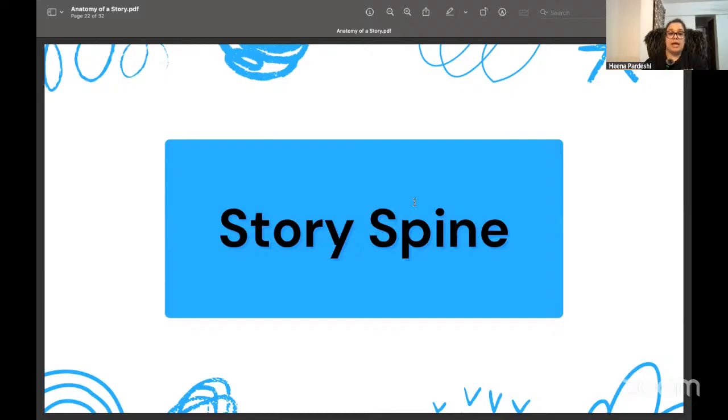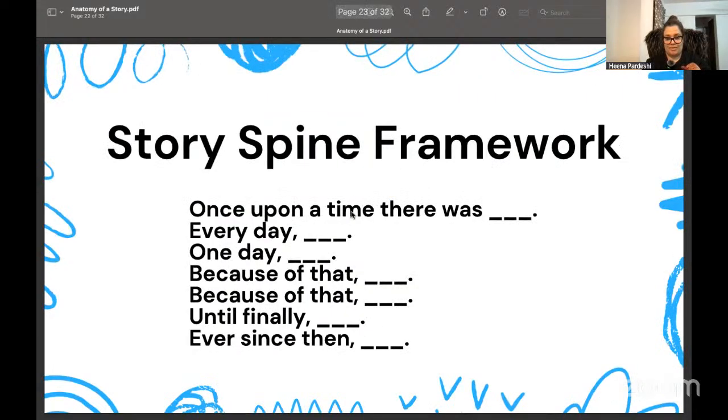Now, the story spine is actually a storytelling framework which was first popularized by Pixar, originally by playwright Kenn Adams. It's very simple, it's very elegant, and it's extremely powerful because it captures cause and effect, and that is the essence of narrative flow.